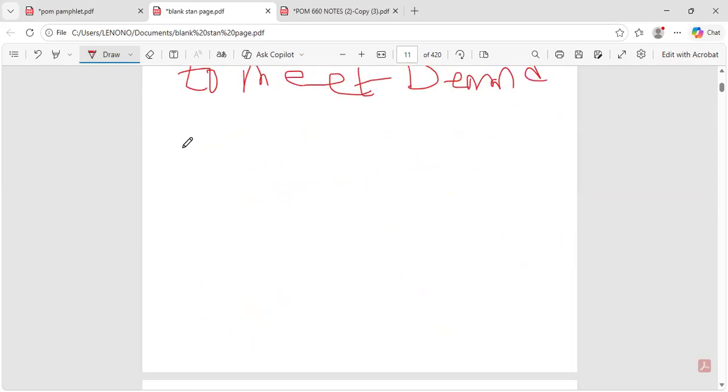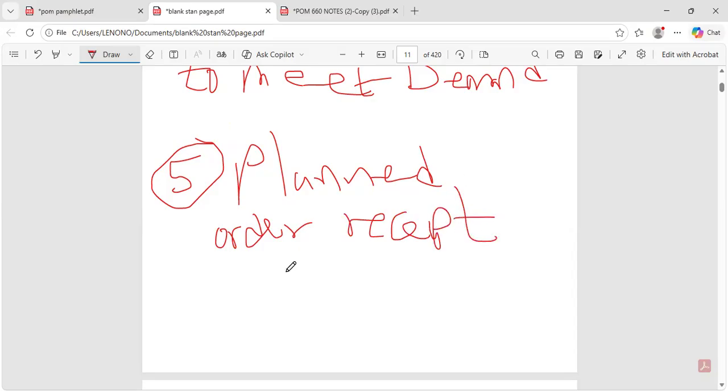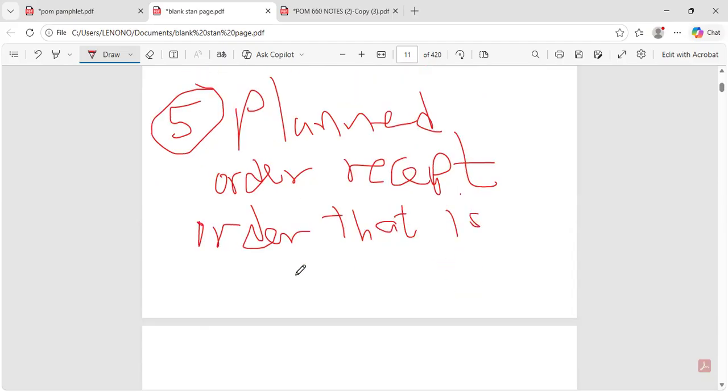Then number 5 is planned order receipt. So this is an order that is received from customers.